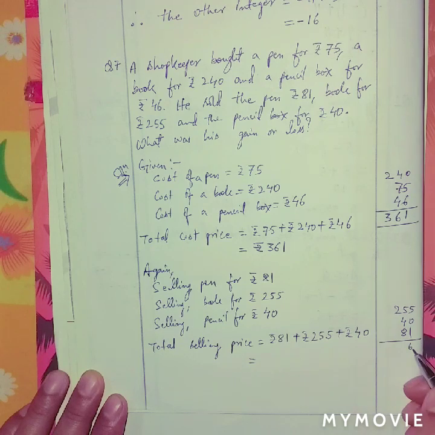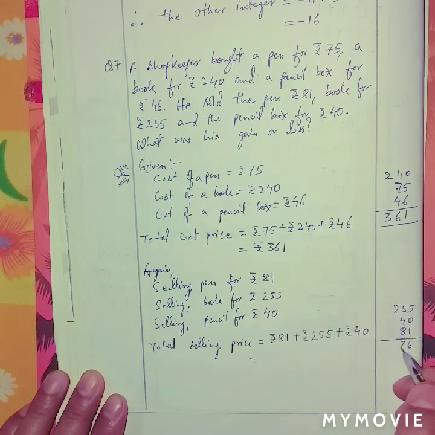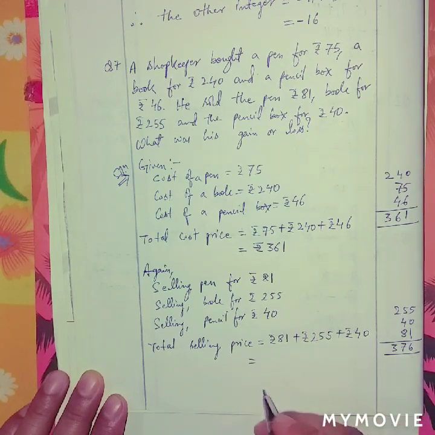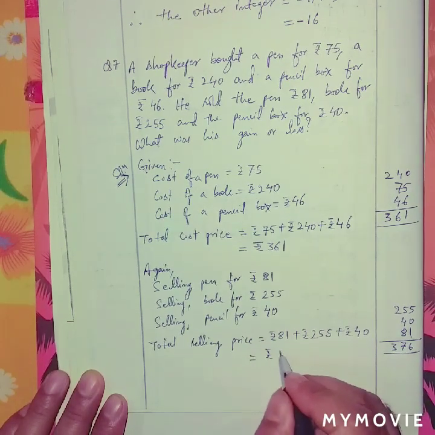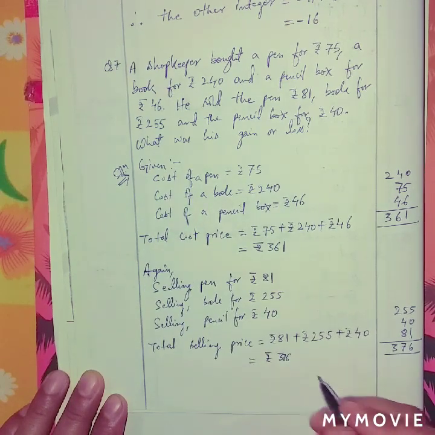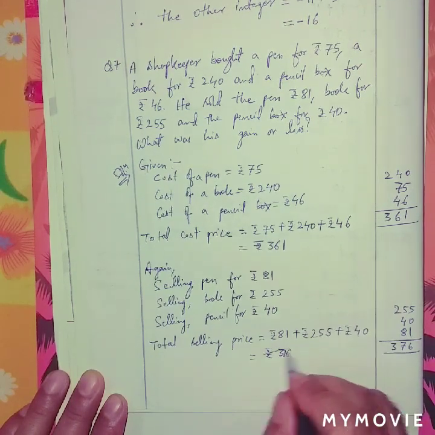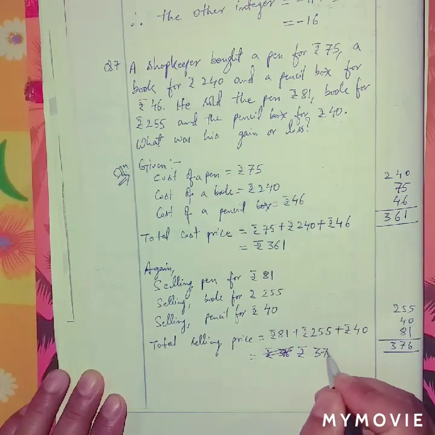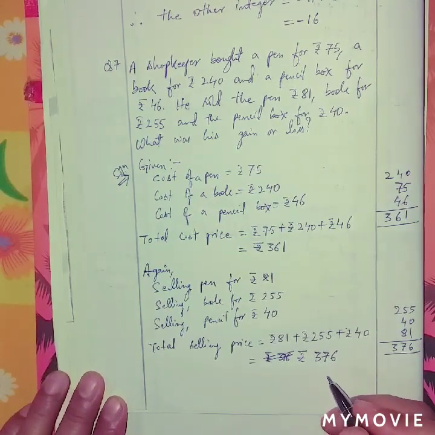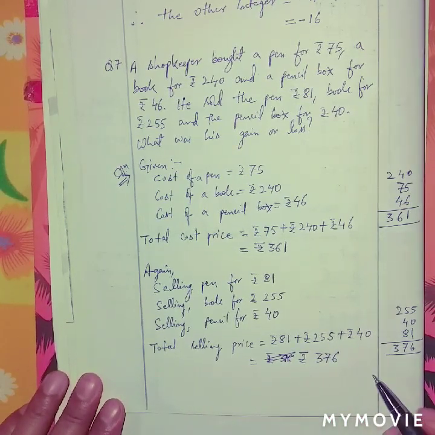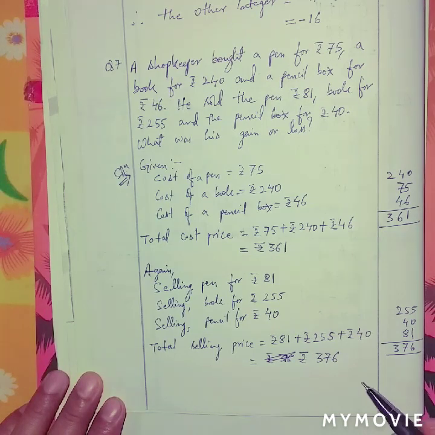So this will become 6, 7, 3, 376 we are getting. We are getting rupees 376. Okay.